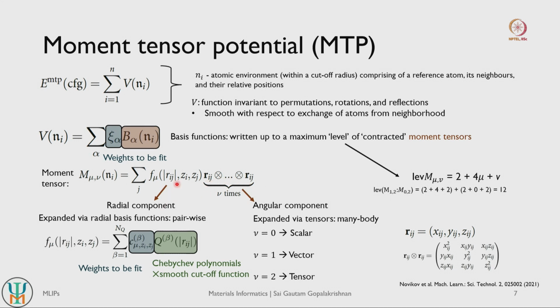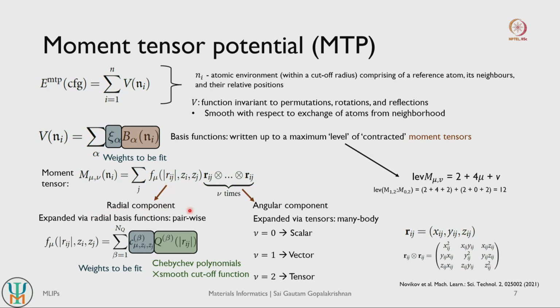The radial component indicates how far each atom j is from the central atom of interest i. You take the modulus of the relative distance between the two atoms, and Zi and Zj are the atomic identities, which you can think of as atomic numbers. So the radial component tells you how far the other atoms are from a given reference atom.